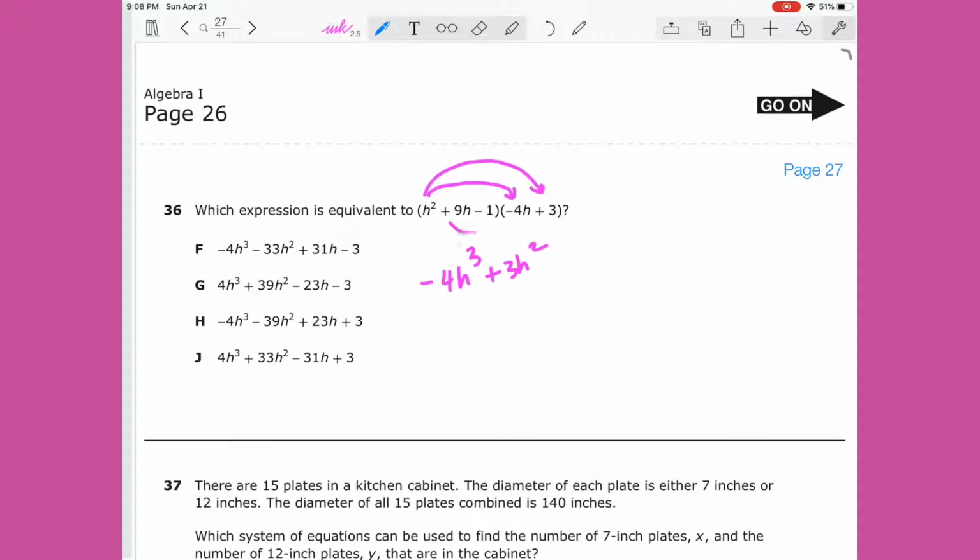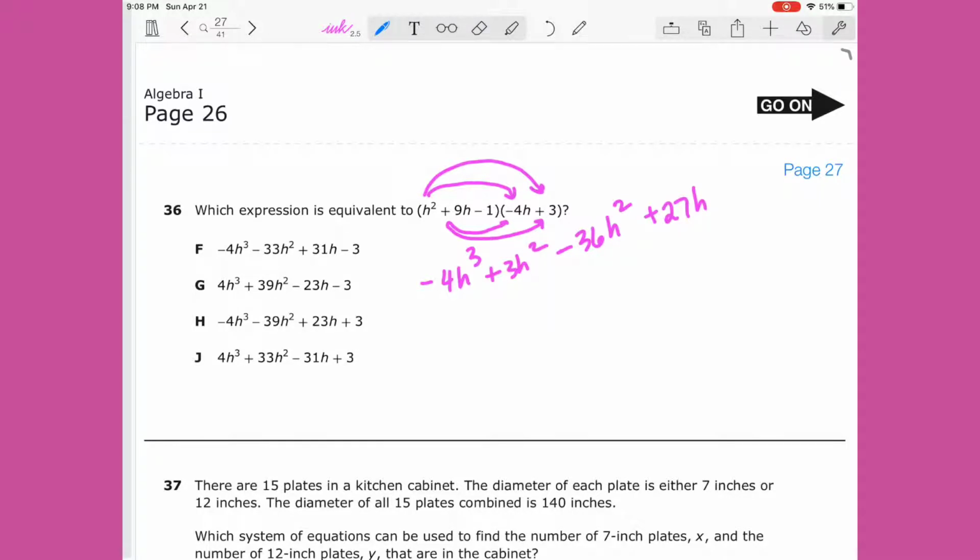Okay, that's going to give me 9 times negative 4, which will give me negative 36h squared. H times 9h times 3 will give me plus 27h.